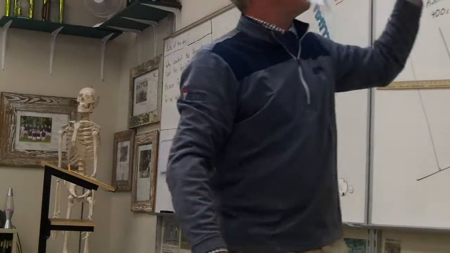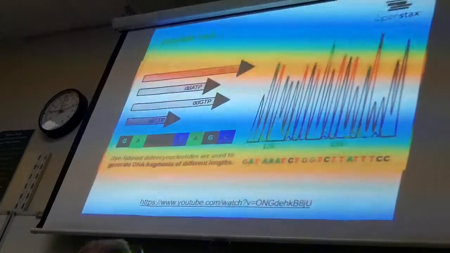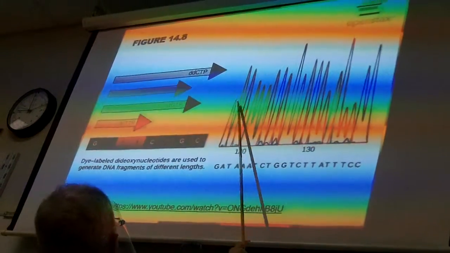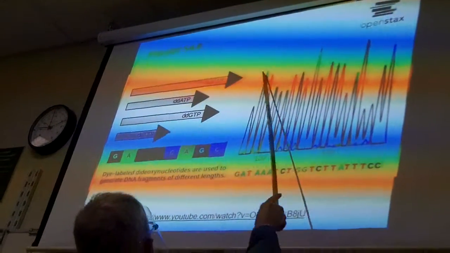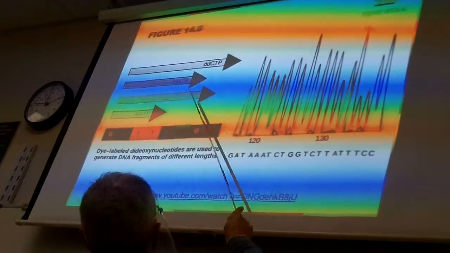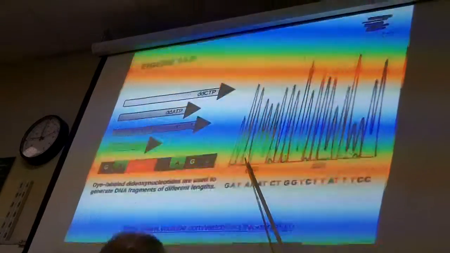So as you can see, what they actually get is a curve. The first piece here was G, and the next piece, this peak means the higher the peak, the more came through.